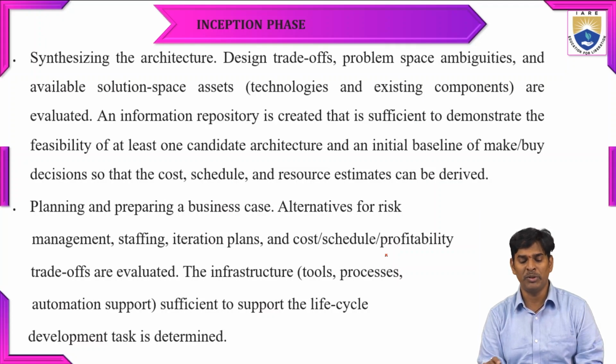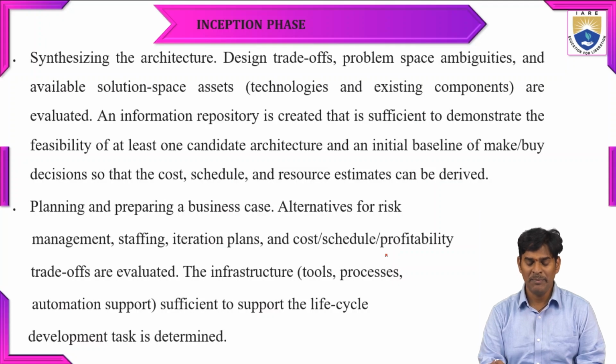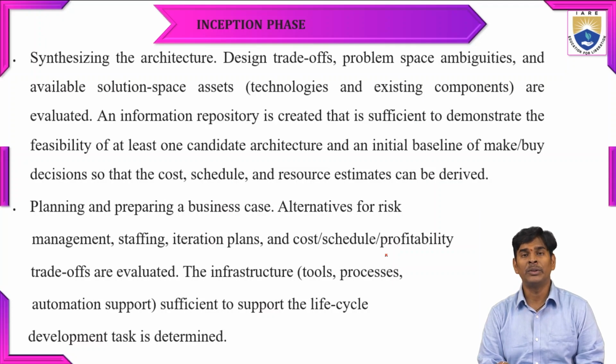the cost and schedules, the profitable trade-offs are evaluated. They need to check each and everything, like the cost and the schedule, and how much profit they can gain. Okay, and the next one is the infrastructure. So they need to check infrastructure like tools. What are the various tools they need to use? So they need to come up with the latest technology, tools, process, and automation support.